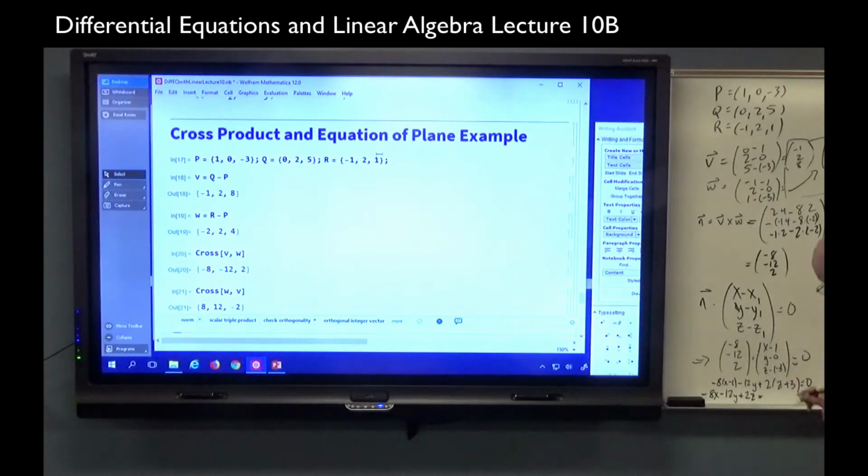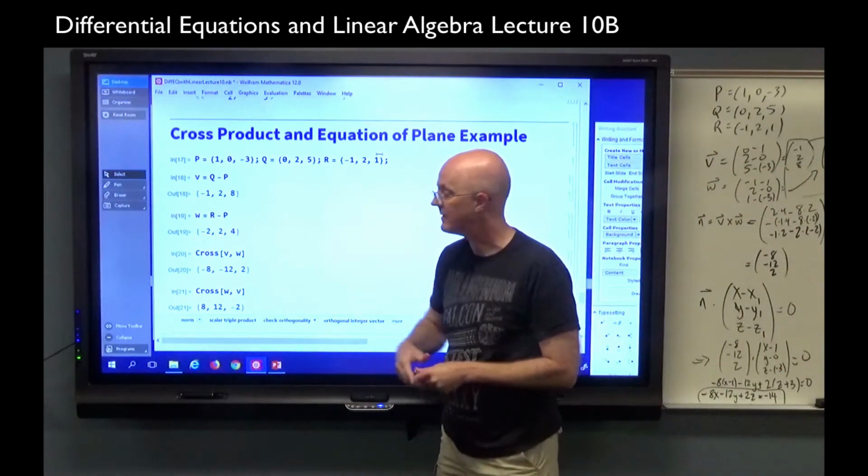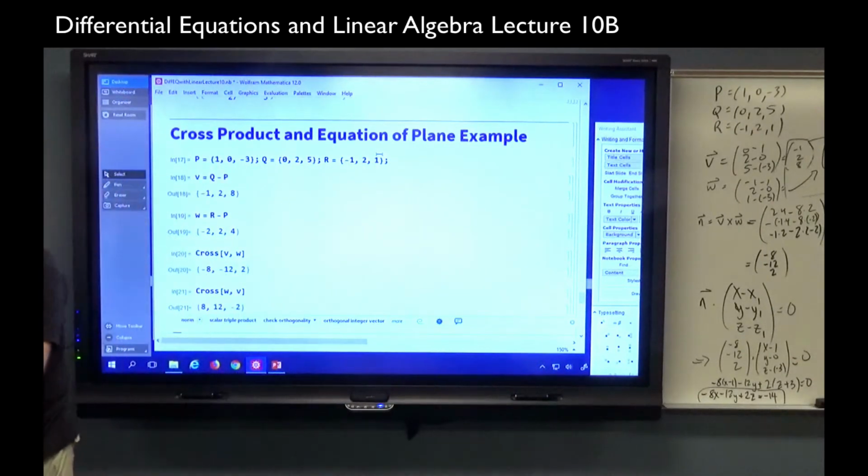So I'd subtract 14 from both sides. That's an equation of the plane containing these 3 points. I also could multiply both sides by negative 1 and get 8x plus 12y minus 2z equals positive 14. And that would be what I'd get with the other normal vector that comes from the cross product of W cross V. Okay?